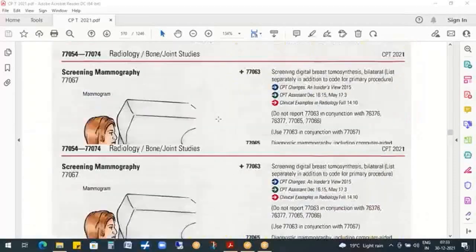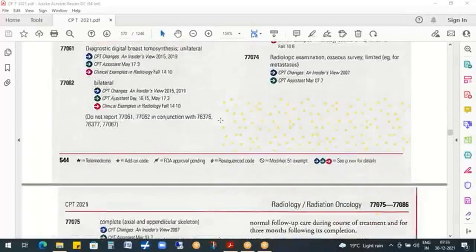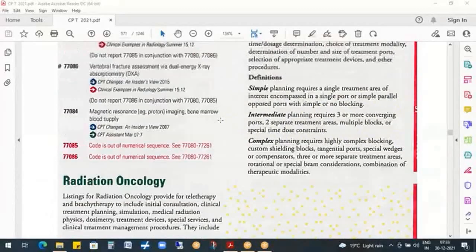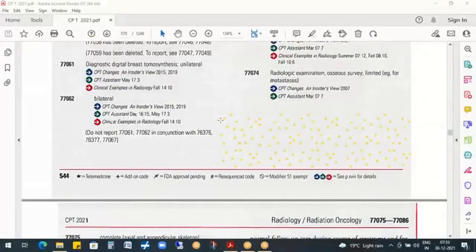I said axial skeletal and appendicular skeletal when we were discussing the musculoskeletal system. What parts come under axial skeletal? Head, neck, trunk. What parts come under appendicular skeletal? Upper extremities, lower extremities.